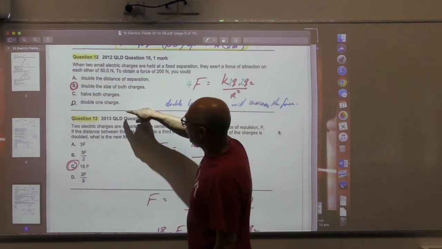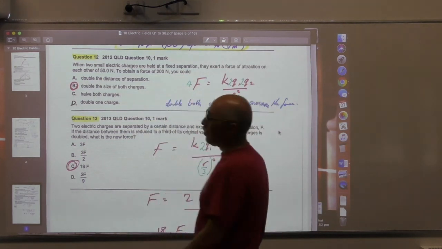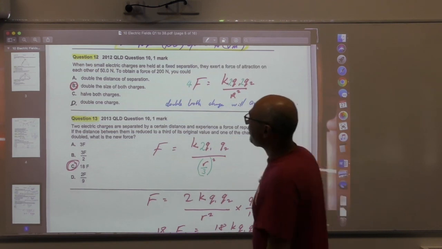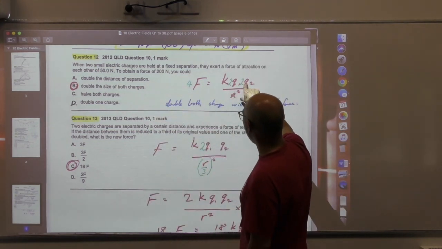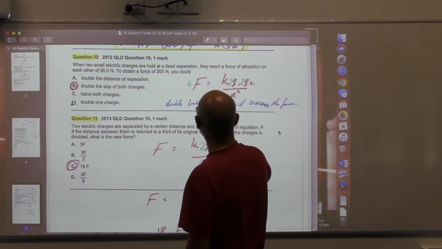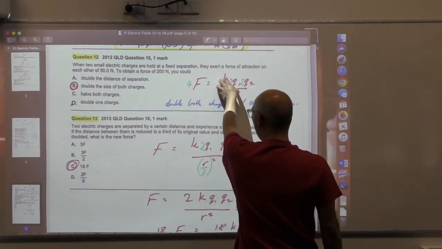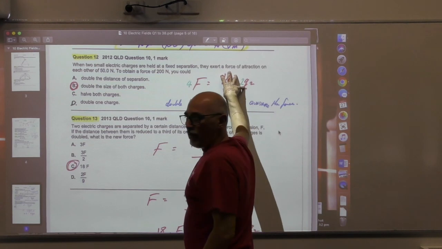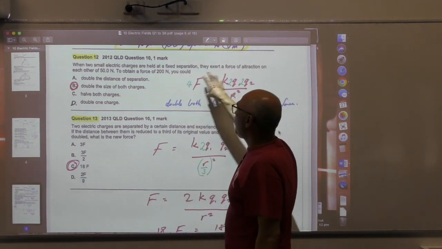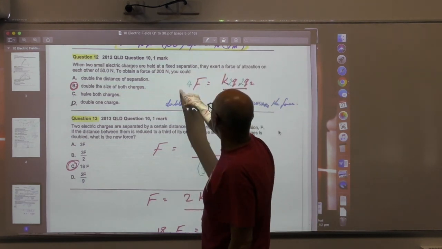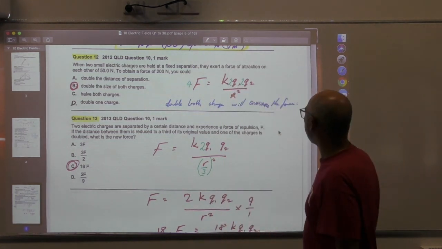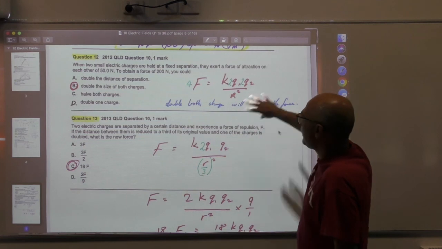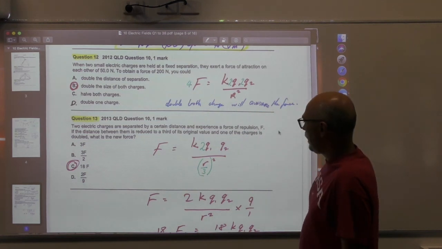All right, double one of the charges. Well, that'll get you halfway there. Double the size of both charges. So I chucked the 2 on both of these, so 2 times 2 is 4. That goes up by 4, which keeps the equals. All right, so double both charges is the only one of those options that will work for what's been asked.